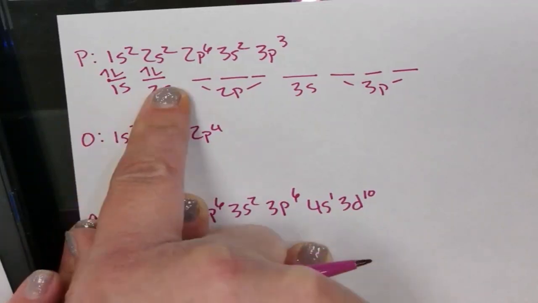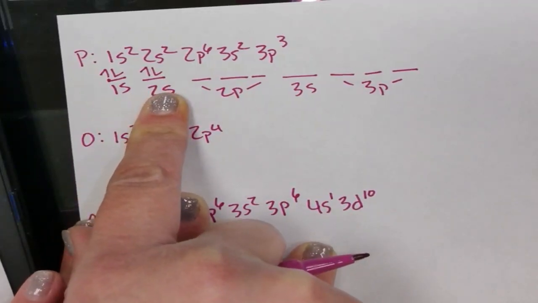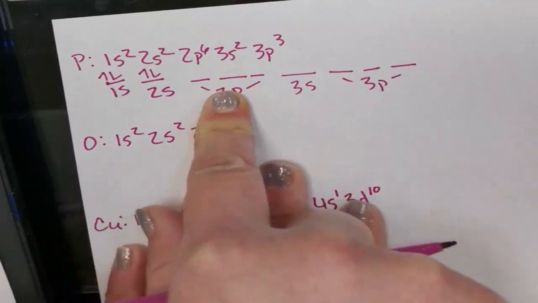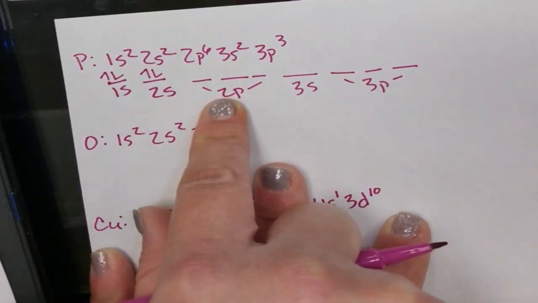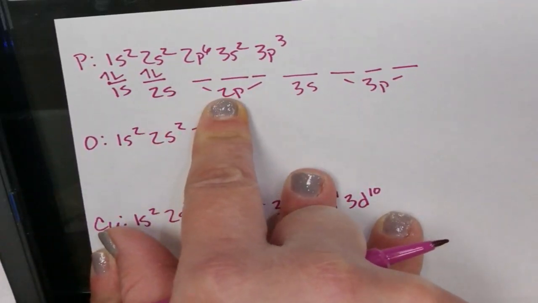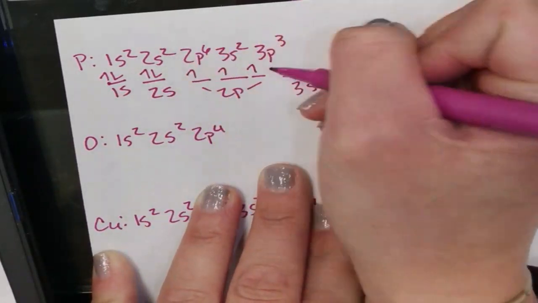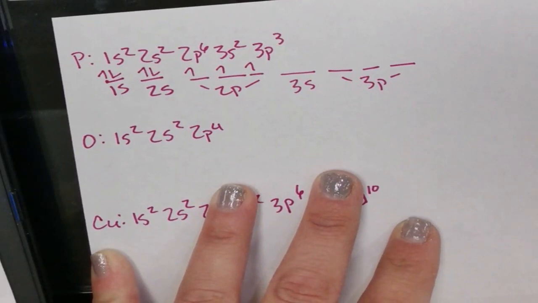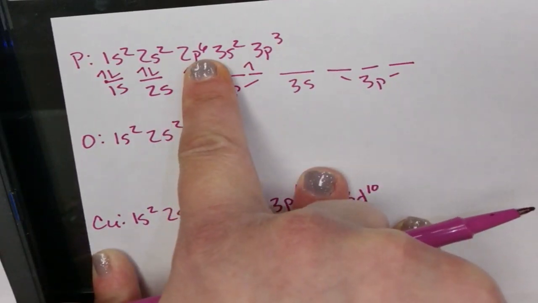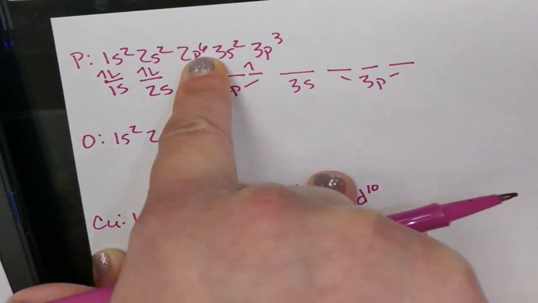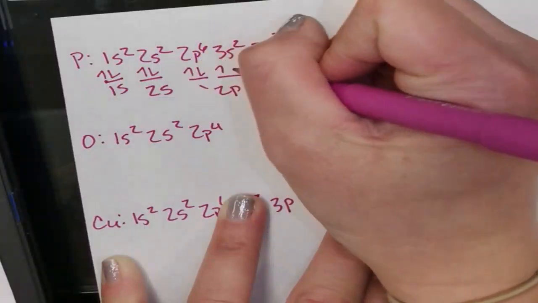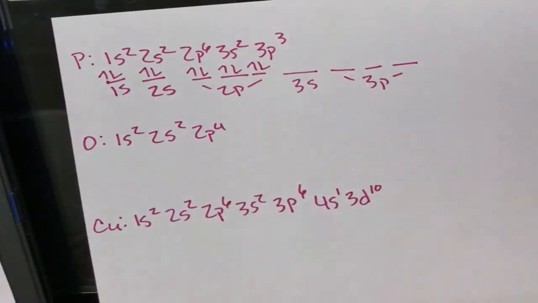We filled the 1s before the 2s. Now we're continuing with Aufbau's principle because we're filling the 2s before the 2p. But Hund's rule says only 1 electron in each orbital, and then if we need to, we will double up. The p actually has 6 electrons, so in this case, they will double up.